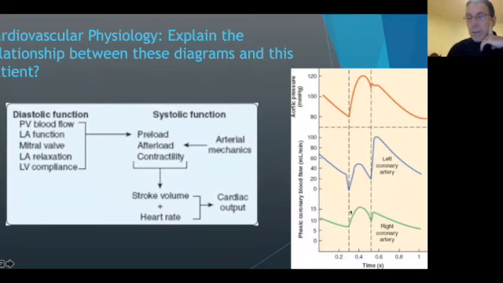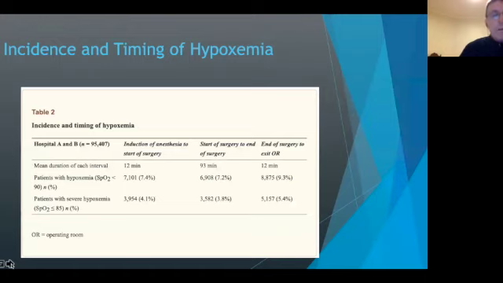The right coronary, which is perfusing the right ventricle, is not as thick as the left ventricle, and so it's not as dependent upon the high pressures as the left ventricle. Okay, so this is super important when you think about how you treat people in the operating room.